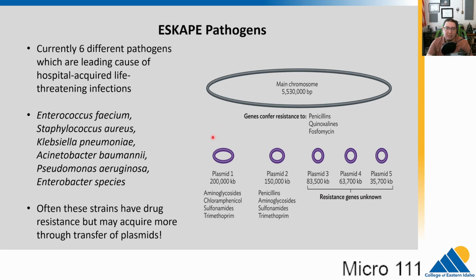And this is one of the reasons that keeping hospitals clean and knowing proper decontamination and sterilization techniques is so critical, because even just killing the microbes isn't enough. We need to remove the DNA from there so they don't get transferred between individuals. These plasmids are so easily transferred that one day a bacteria that is not resistant to antibiotics can quickly become resistant through transferring of these plasmids.